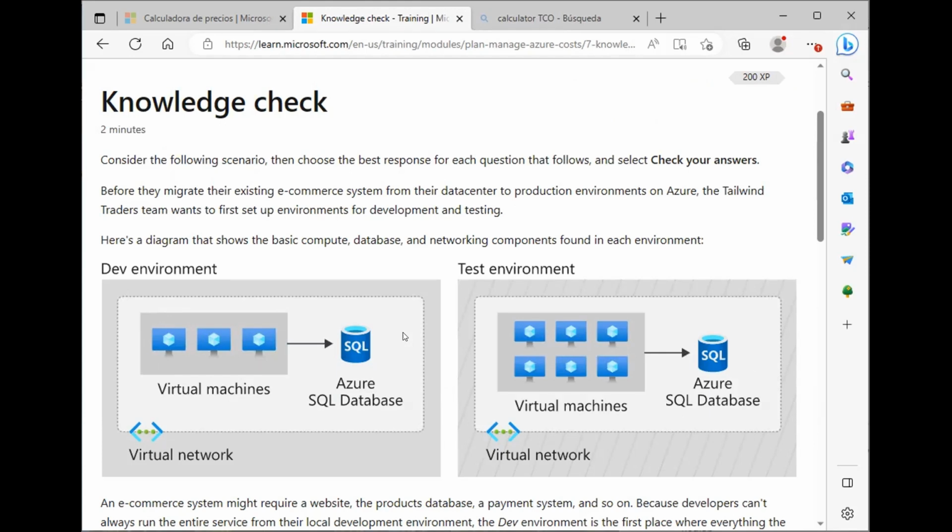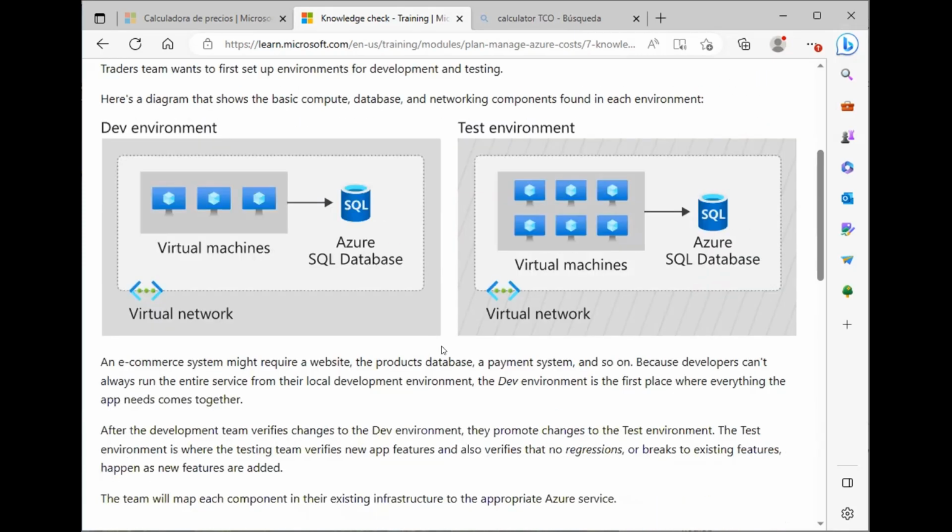Here is a diagram that shows the basic compute, database, and networking components found in each environment. In the dev environment, there are 3 virtual machines, 1 SQL database, and a virtual network. In the test environment, there are 6 virtual machines and an Azure SQL database.